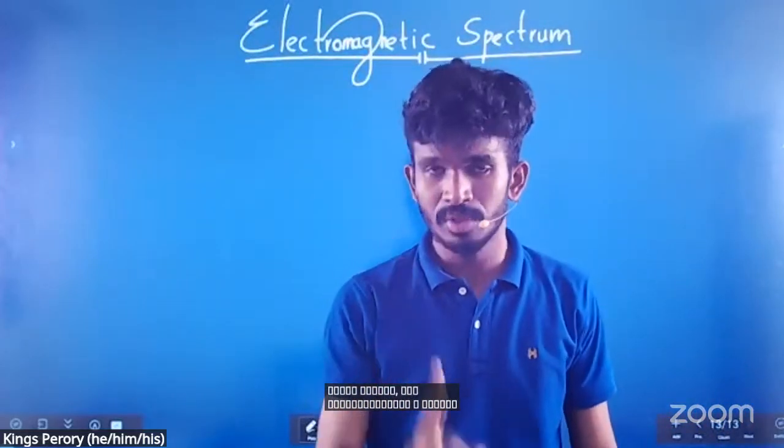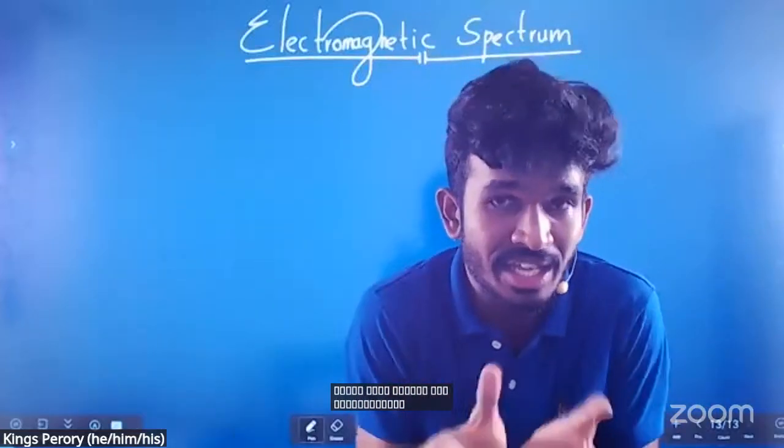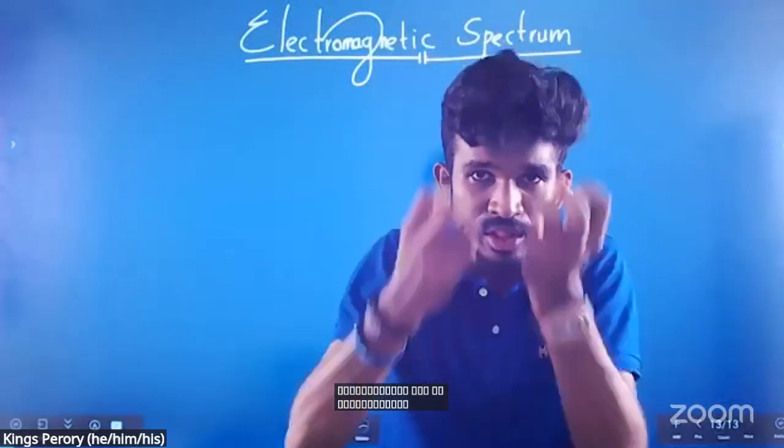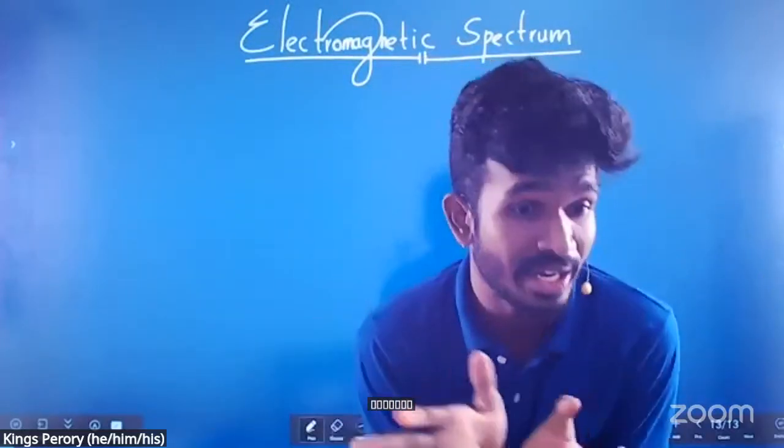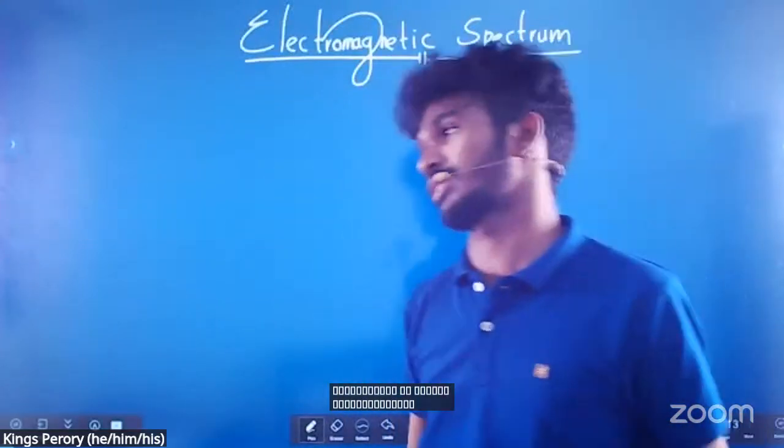In an electromagnetic wave, all the frequencies and wavelengths together is the electromagnetic spectrum. You won't understand now. After I draw the spectrum, you will understand.